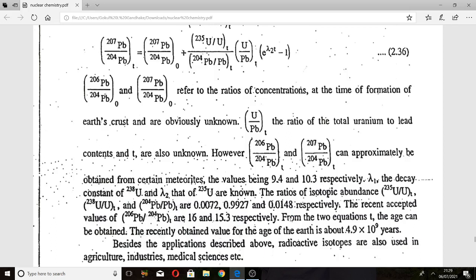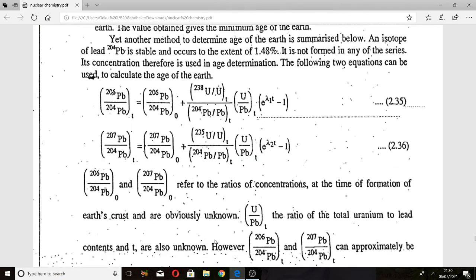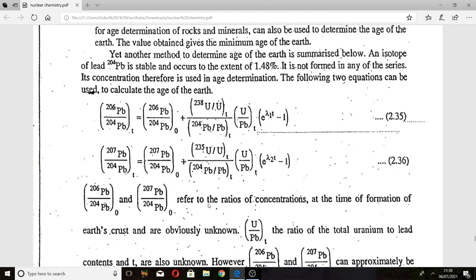The recently accepted values of lead 206 and lead 207 divided by lead 204 are 16 and 15.3 respectively. So by using these two equations, we can easily find the age of the earth. These are the applications of age determination. Next, we will look at the medical applications.